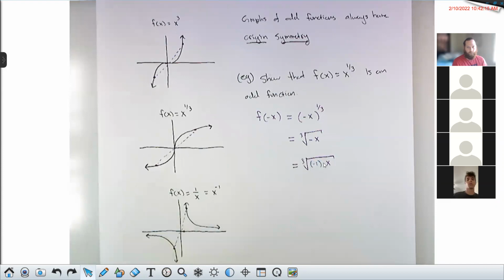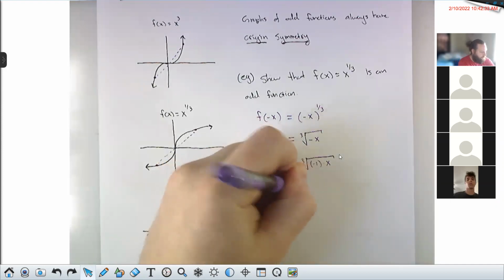Now I've got two numbers, both under this root, and they're being multiplied. Or if you like, you can think of it as applying that first rule from our rules for exponents. So if you have two numbers multiplied all raised to some power, like this is all raised to the 1/3 power, you can give that to them separately.